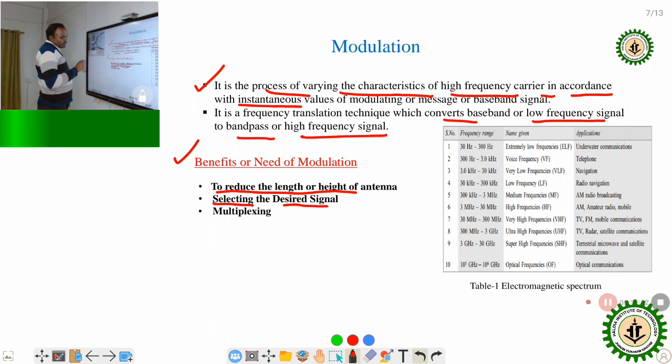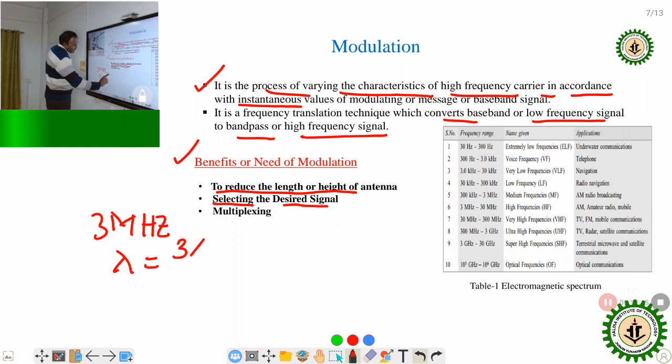Now if you use the higher frequency carrier, 3 megahertz, the wavelength comes to 3 × 10^8 divided by 3 × 10^6.